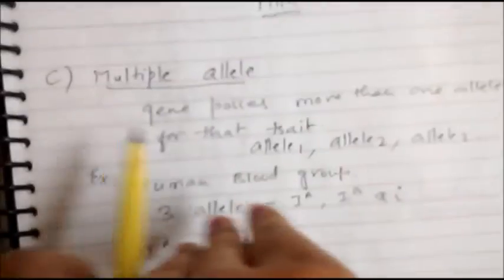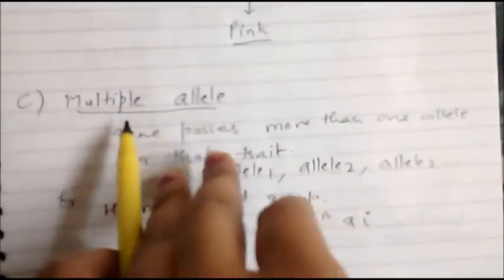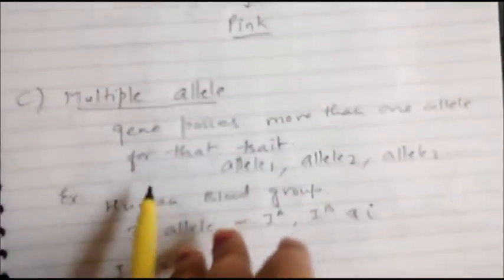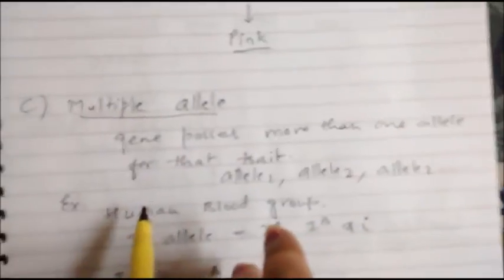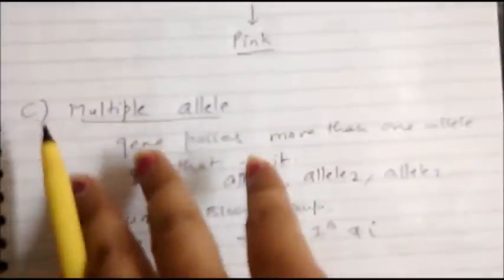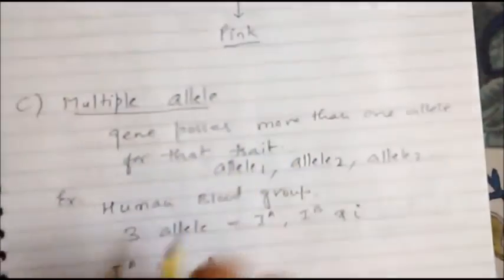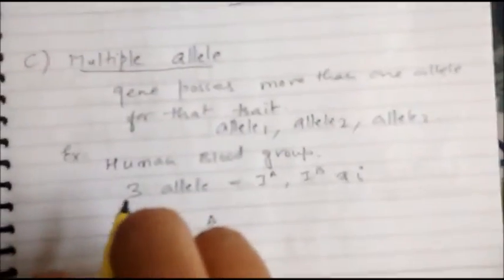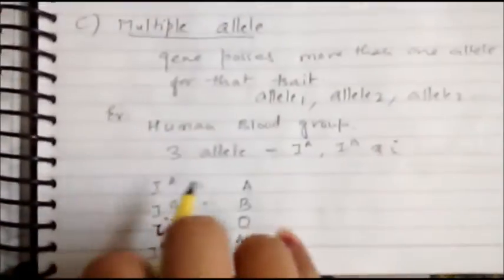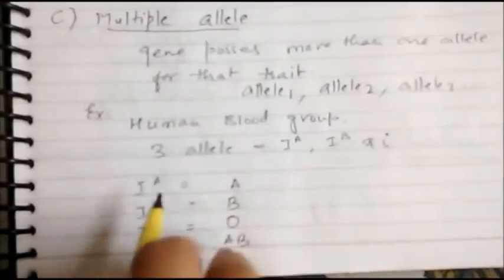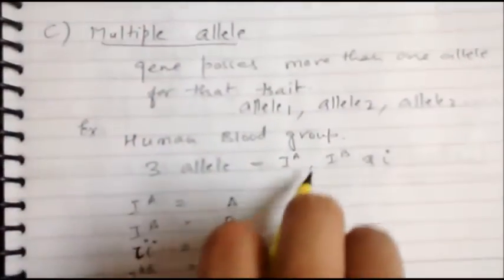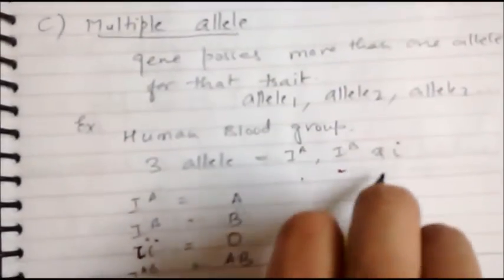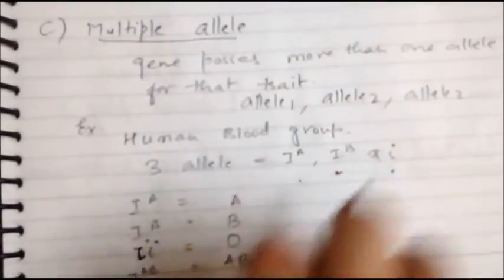Next is multiple allele. In multiple allele, as the name again suggests, alleles are not two but more than two. So a gene possesses more than two alleles, and the famous example of multiple allelism is human blood group, where it has three alleles, IA, IB and small i.